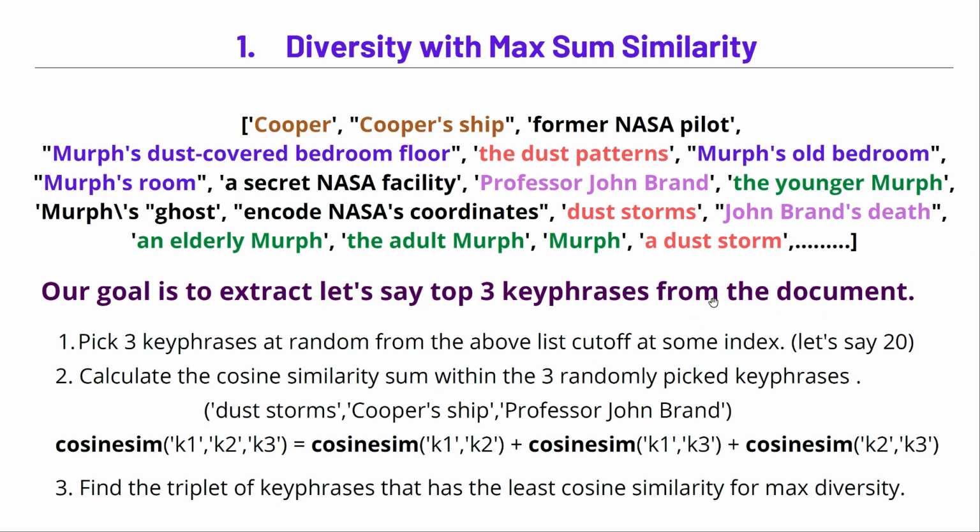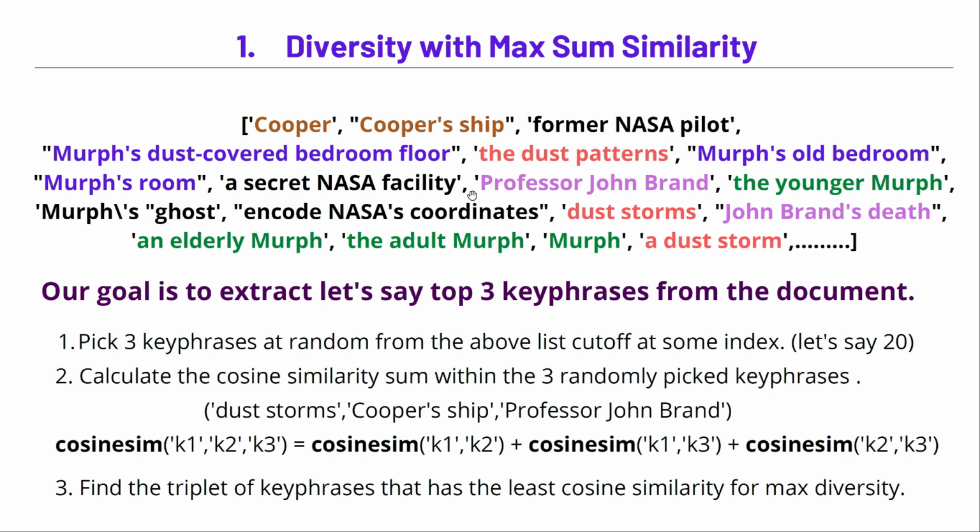So just to reiterate, perhaps our document will have 120 noun phrases or verb phrases, out of which we sorted all the noun phrases or verb phrases in decreasing order of similarity, and then we pick, let's say, the top 20 key phrases or noun phrases from the sorted list to consider as candidates.